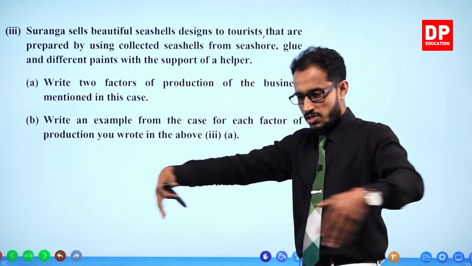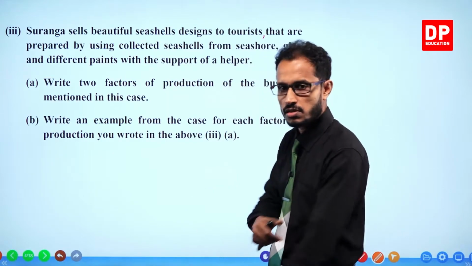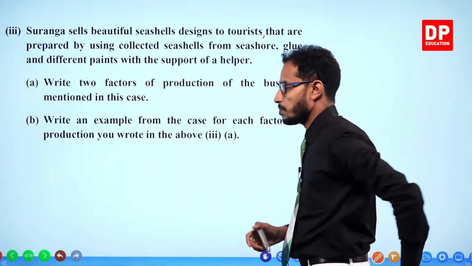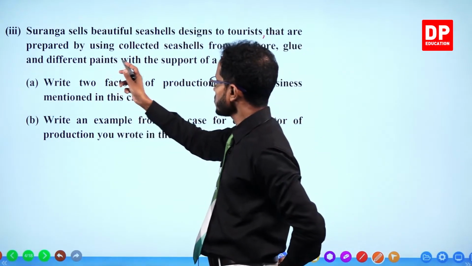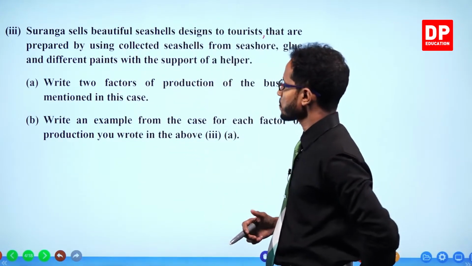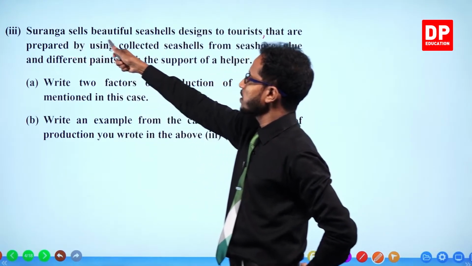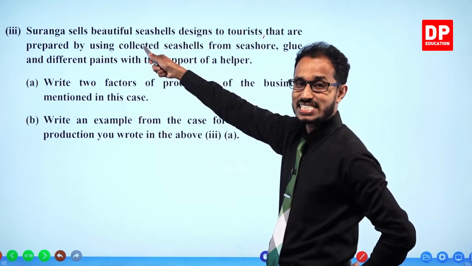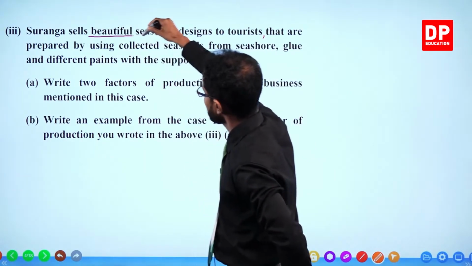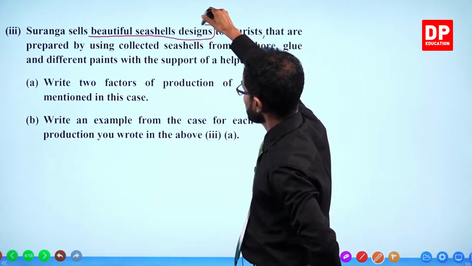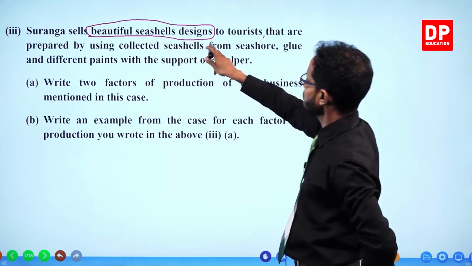Where else do you get seashells? You're not gonna get seashells from a pond. Glue and different paints with the support of a helper. Okay, that's right. So Suranga is making beautiful seashell designs.